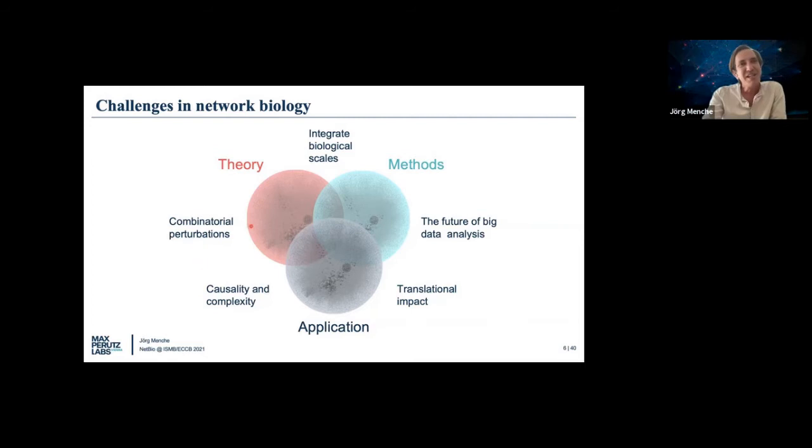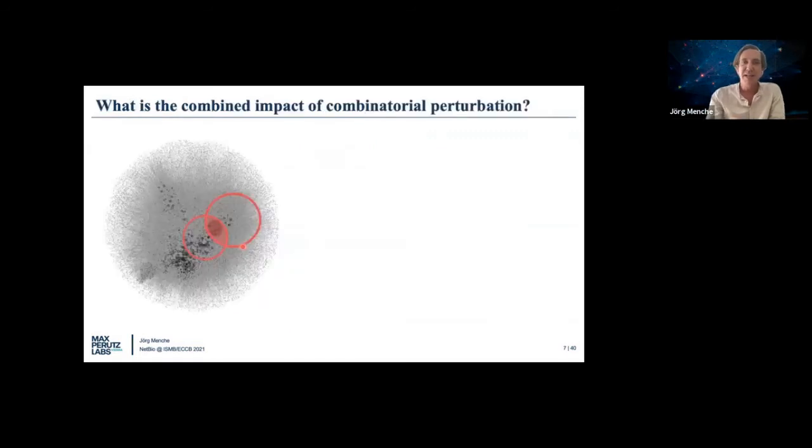And I want to start here at this end, at the theoretical question of how to think about combinatorial perturbations. And the essential question really is, what is the combined impact of a combinatorial perturbation?